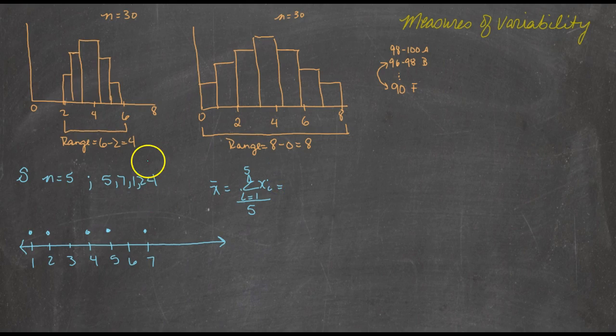So once I take the sum of all the parts, I have 7, 10, 15, 19 divided by 5, which is 3.8. So that means right here, almost at 4, is where my mean falls.